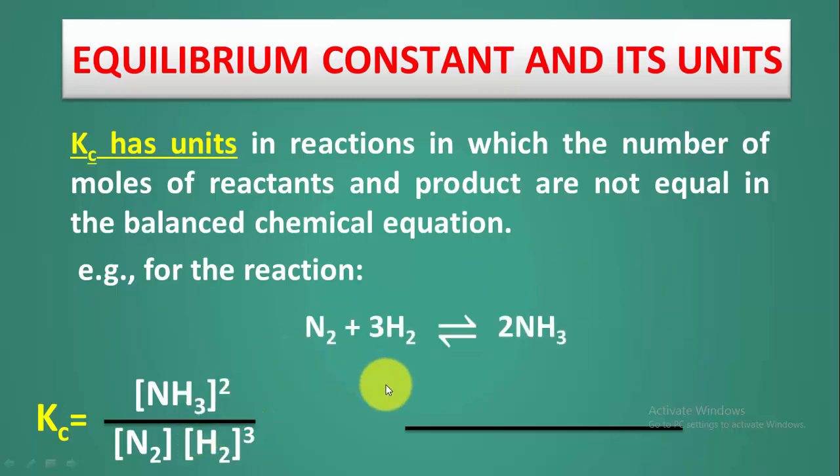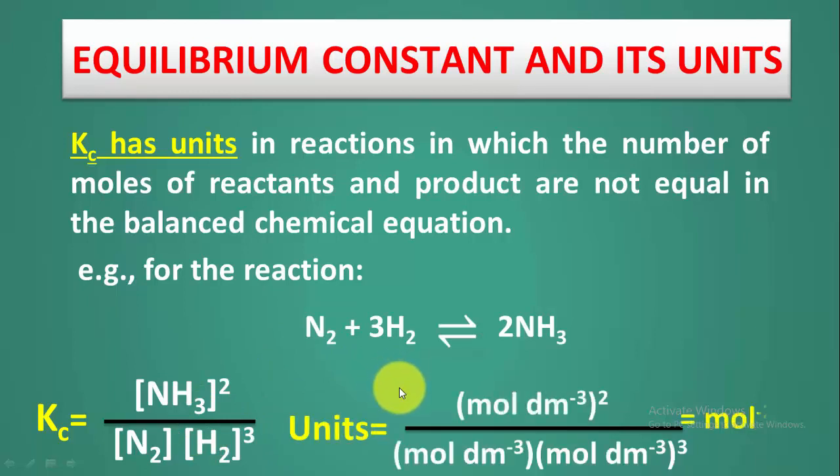So when we write their units, we can say that the units are mole to the power minus 2 and dm raised to the power 6. I hope dear students, you will understand the concept that Kc has units as well as it does not have units. It does not have units when moles of reactants and products are equal, and it has units when moles of reactants and products are not equal.